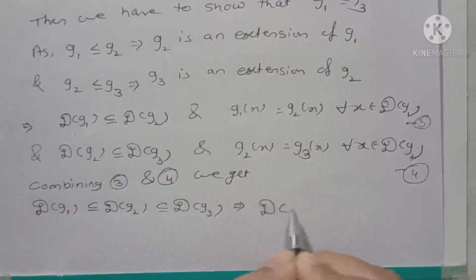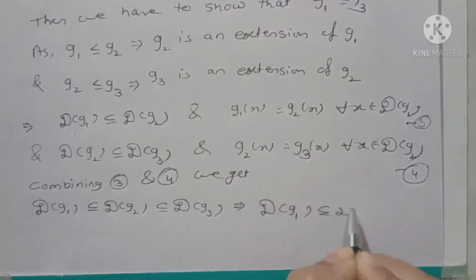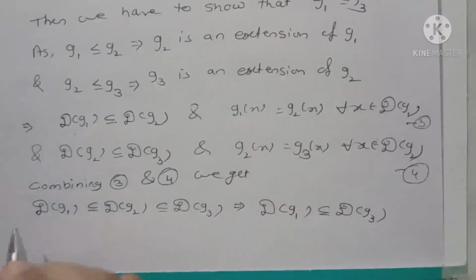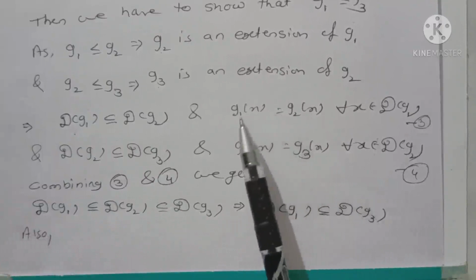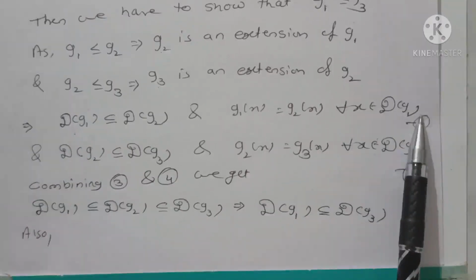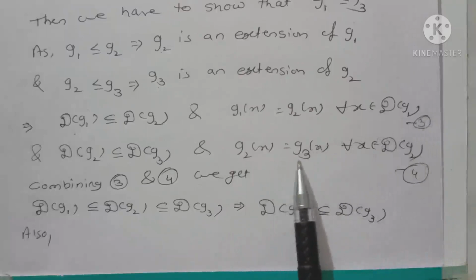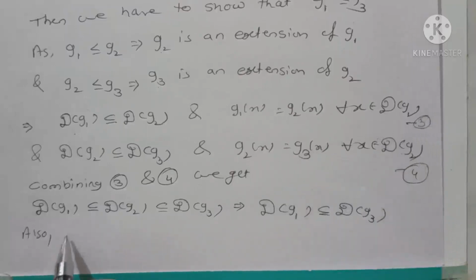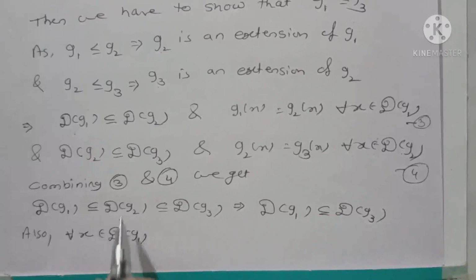Also here we have g1(x) equals g2(x) for all x belonging to the domain of g1, and g2(x) equals g3(x) for all x belonging to the domain of g2. Also for all x belonging to the domain of g1, it is contained in the domain of g2. The domain of g2 is contained in the domain of g3.